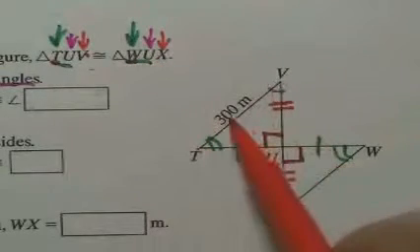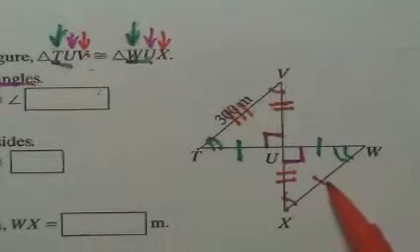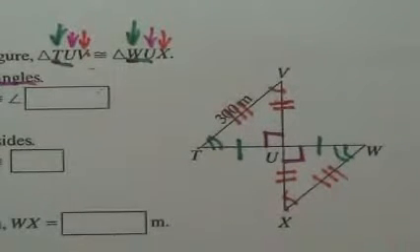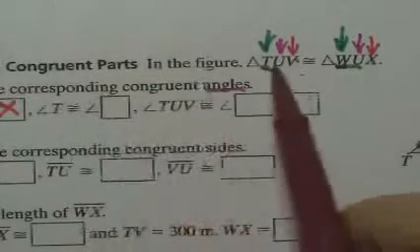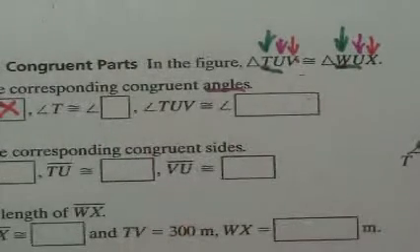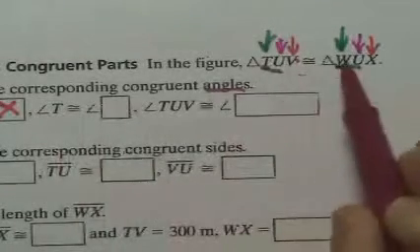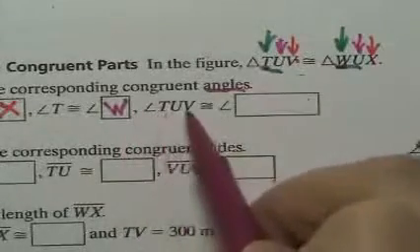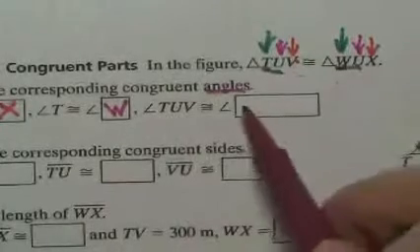So TV should match up with WX. So you have a choice. You can either look at the order of things, or you can look at the diagram. So let's see, angle T, T matches up with W. It's the first letter. Angle TUV, TUV should match up with WUX.